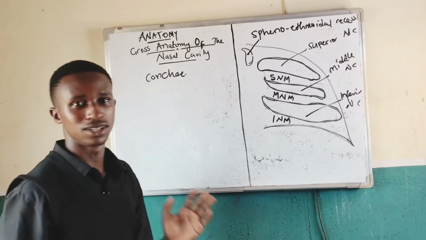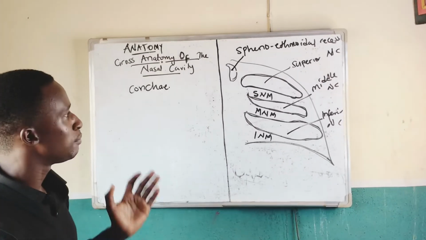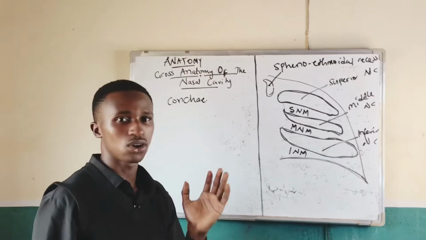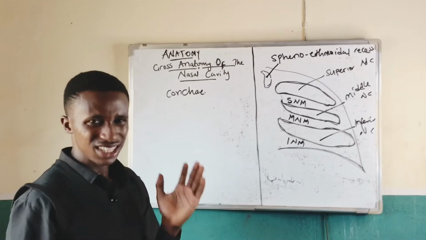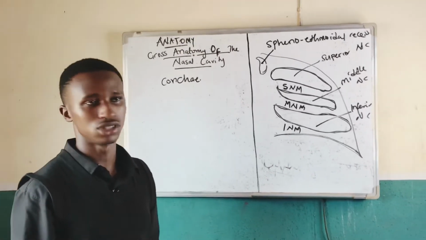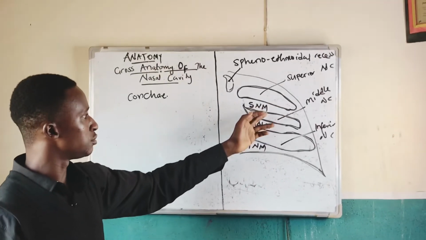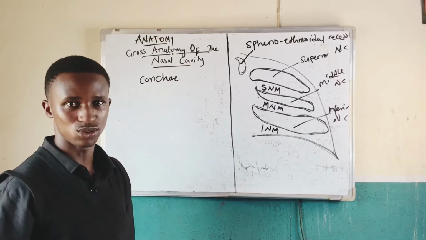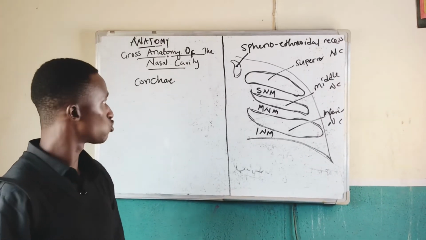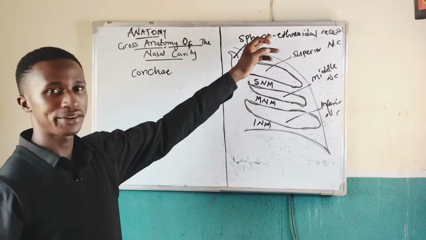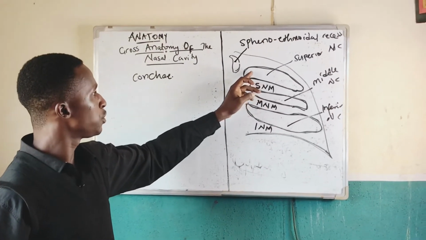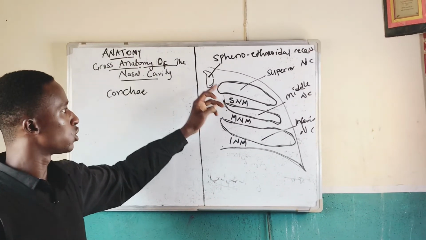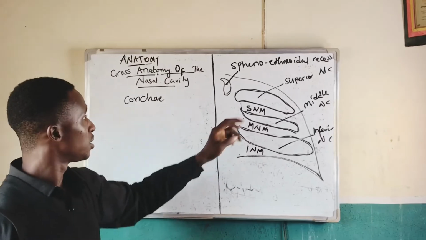So remember these points. I go once more. How many nasal conchae are you going to see? There are 3 nasal conchae: the superior concha, the middle concha, and the inferior concha. But how many meatus are you going to see? There are 4 meatus. Number 1, sphenoethmoidal recess, which is superior and posterior to the superior concha.